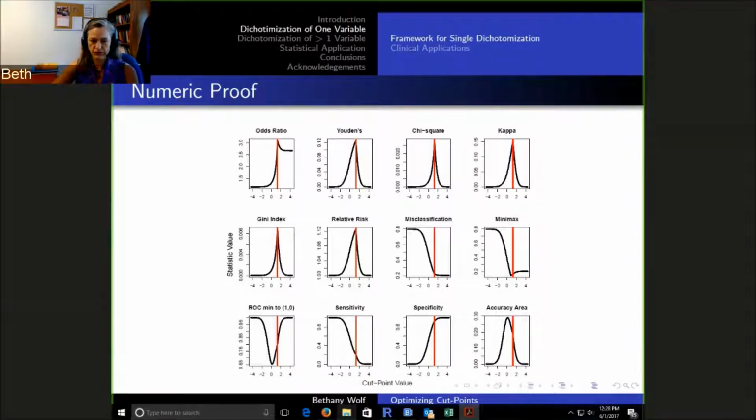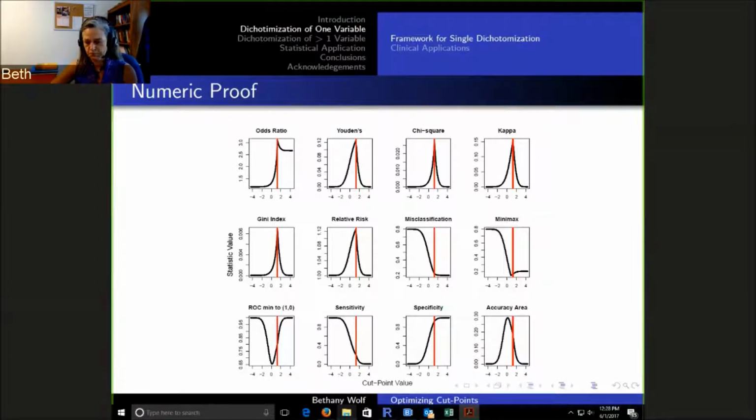So the threshold is on the x-axis, the value of the statistic is on the y-axis, and across we have all the 12 statistics I showed in that first table. What you'd like to see is that the maximum or minimum occurs where the red line is. And we can see that this is true for the odds ratio, Youden statistic, chi-square statistic, kappa statistic, Gini index, and relative risk, but not true for misclassification or any of the other statistics that are shown there.